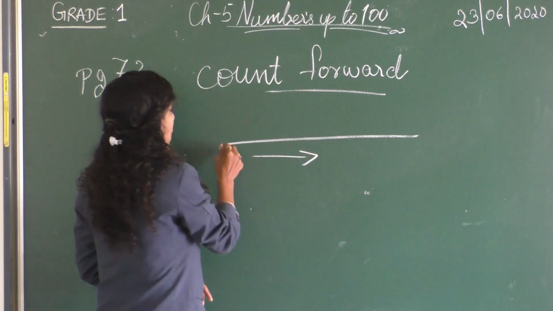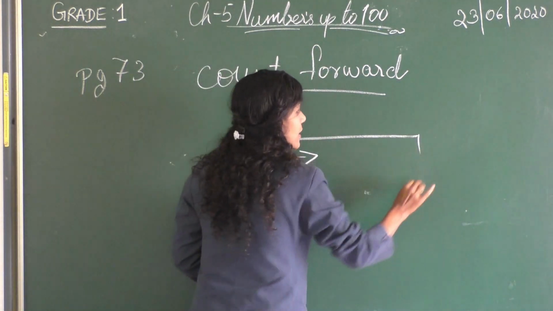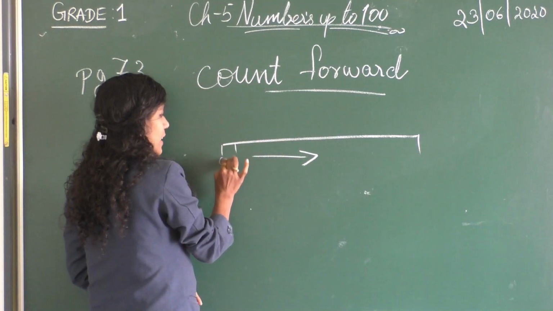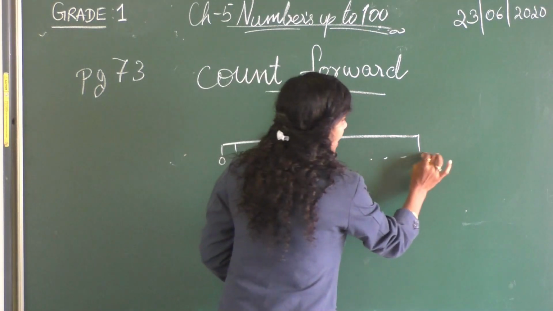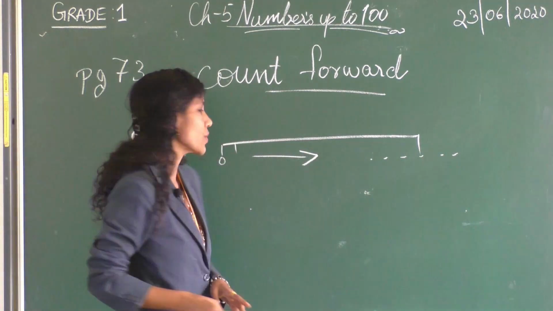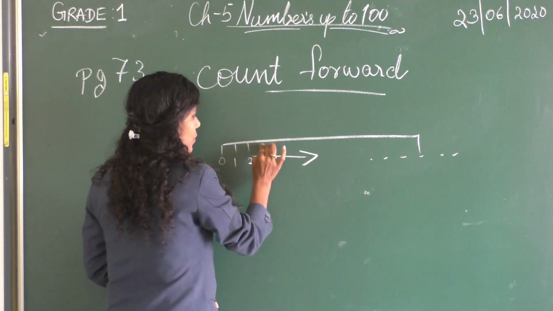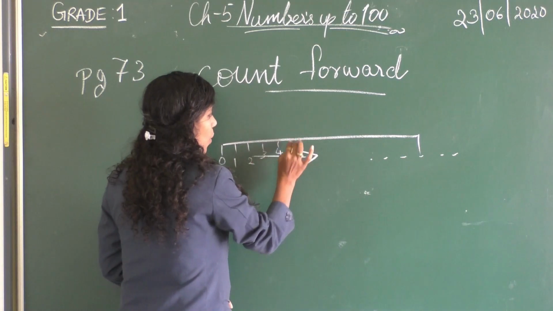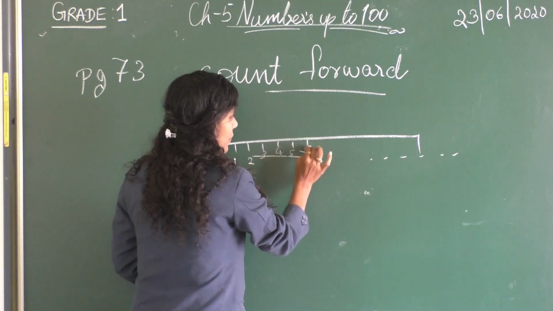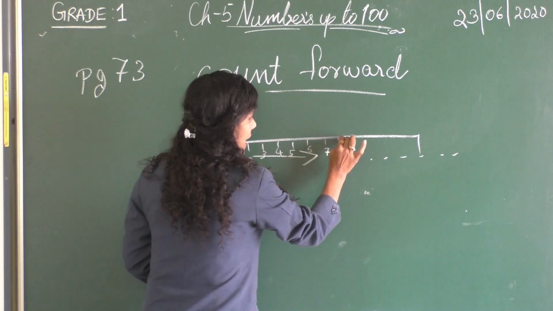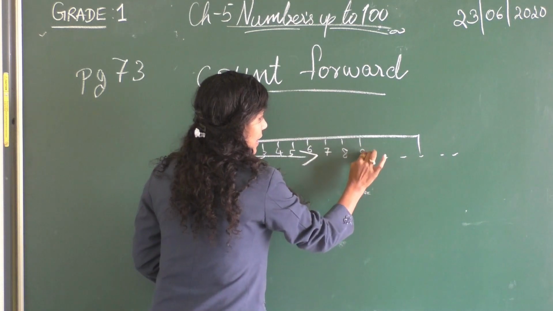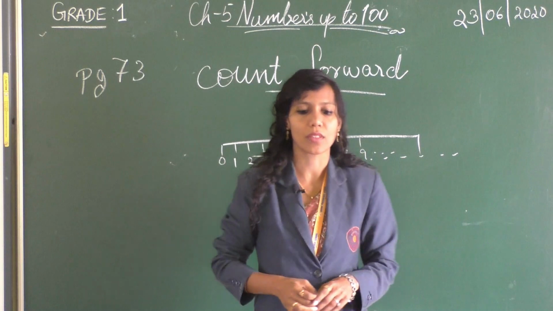A number line is a line starting from 0 which continues: 0, 1, 2, 3, 4, 5, 6, 7, 8, 9 and so on.